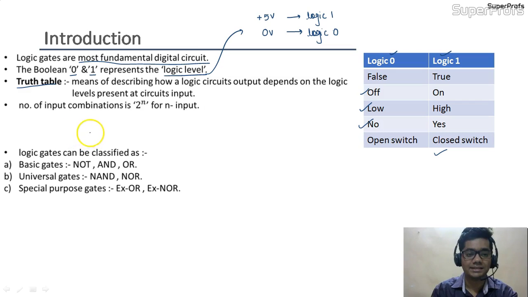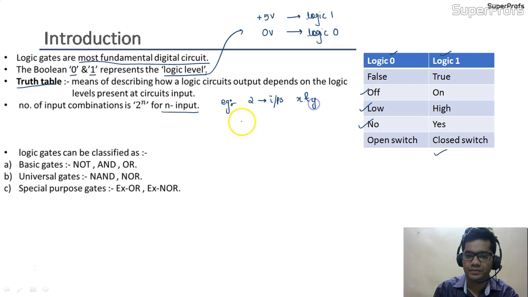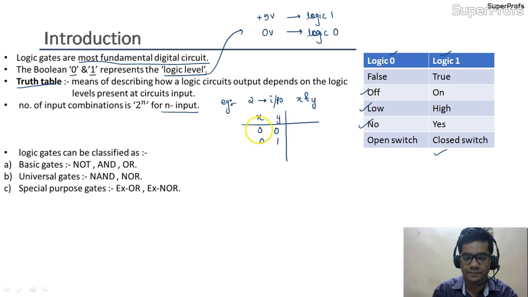The fourth point is that the number of input combinations is 2 raised to power n for n inputs. What it means, students? See, if we consider an example in which there are 2 inputs, x and y, the possible combinations of logic 0 and logic 1 are 0 0, 0 1, 1 0, and 1 1.